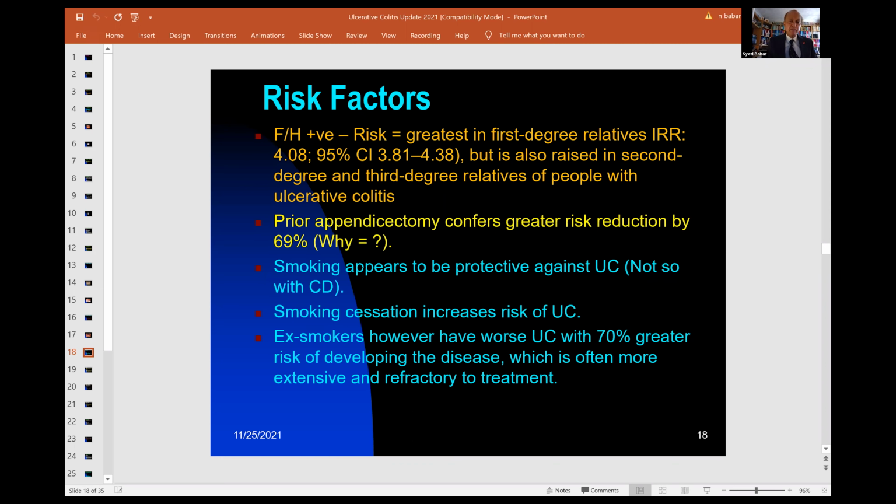For some reason, smoking is protective against ulcerative colitis, not so with Crohn's disease, and smoking also improves the chances of improvement from venous thromboembolism. But smoking in the long term, or with ex-smokers, there is 70% greater risk of developing advanced disease, which is more refractory to treatment. So smoking should not be encouraged.